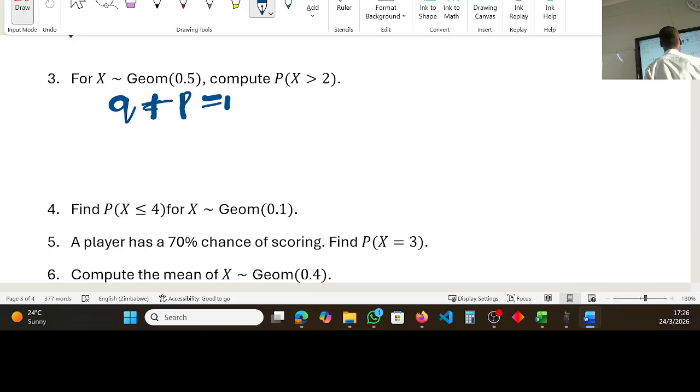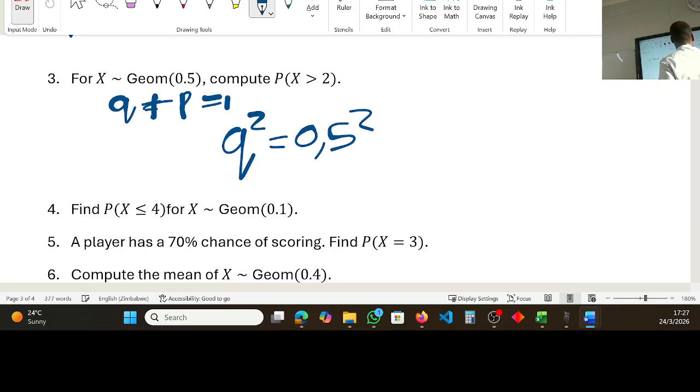So when x is bigger than 2, it can be 3, it can be 4, moving on like that. But in essence, this scenario means I failed twice. So this is just q squared, and 0.5 squared gives us 0.25.